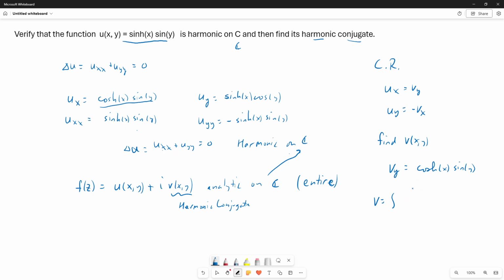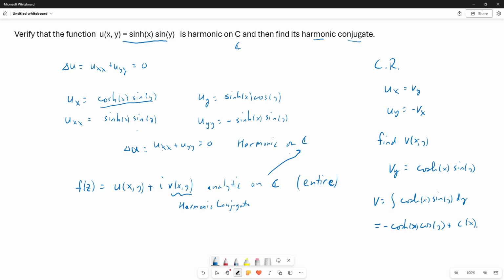So v will be found by integrating with respect to y: cosh x, which is a constant, sine y, dy. So the cosh x is a constant, and the integral of sine is negative cosine. So negative cosine y, and then plus a constant, and that constant can actually be a function of x, because x is considered a constant.